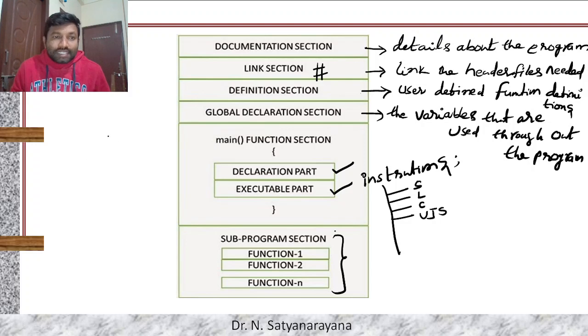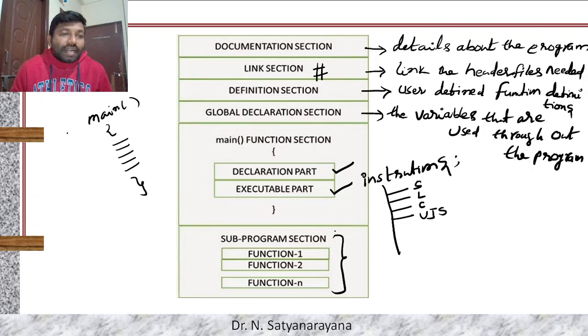Though the structure of a C program seems to be very lengthy, mostly we will be writing only like this. In main, we will write the instructions to be executed, and then we will close this. Before this main, your teacher will say it is int main, and he says let it be return 0.